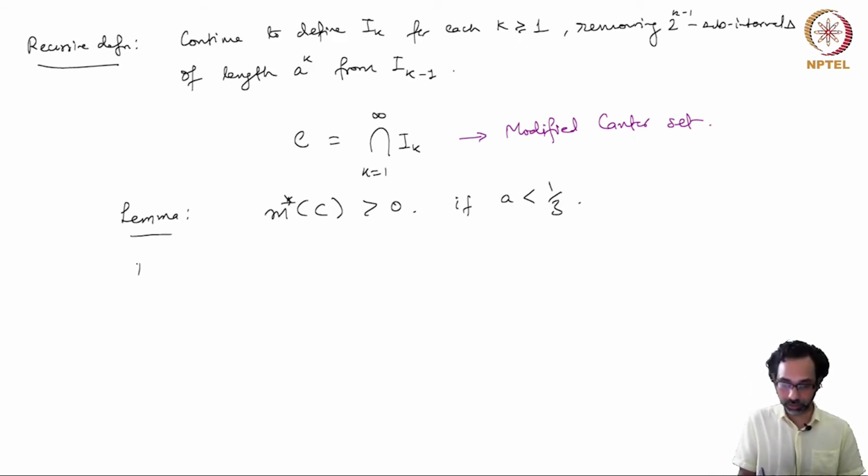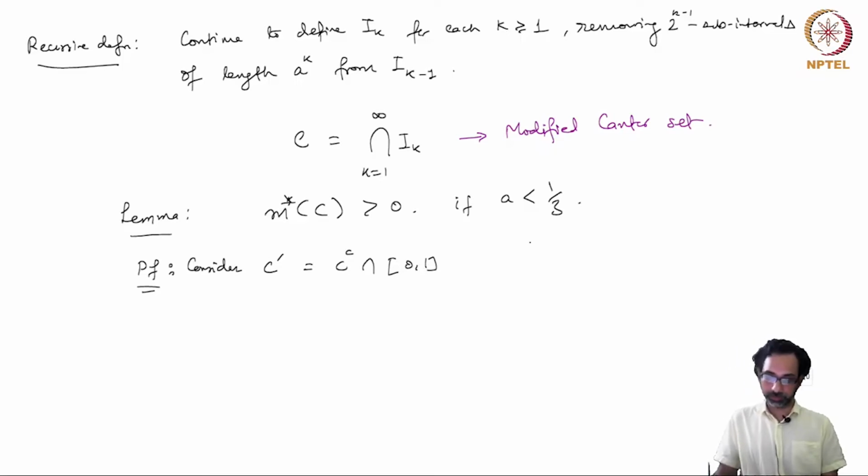So let's try to prove this. First consider the set C prime. So consider C prime, which is C complement intersection [0,1], and we have that C union C prime contains the set [0,1].